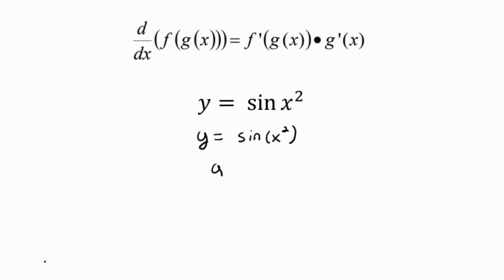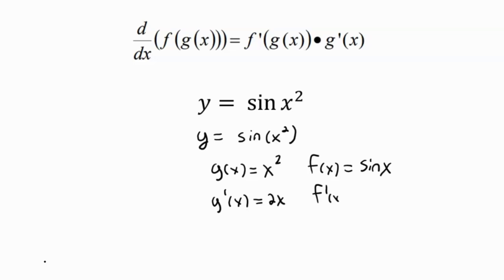So we're going to let g of x equal x squared, and my f of x now is going to become sine x. All right, so g prime of x would be equal to 2x.